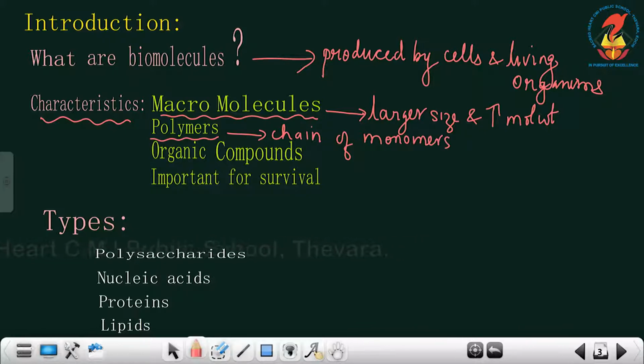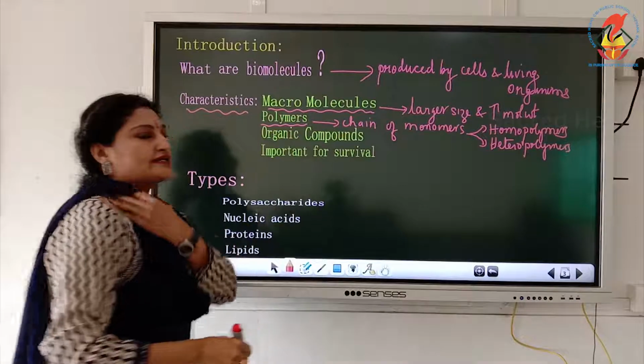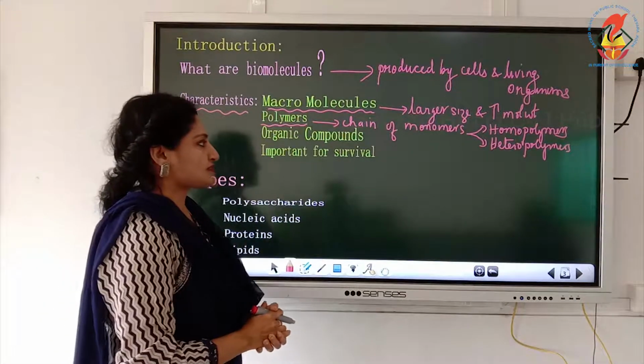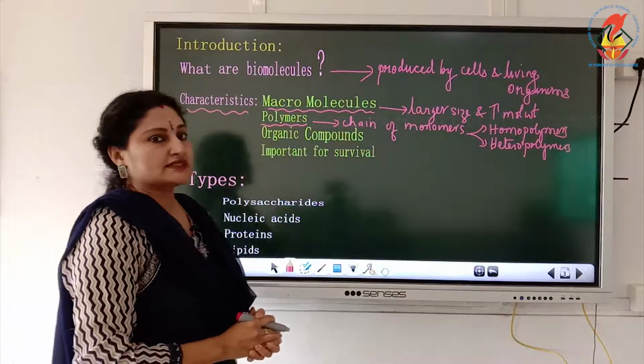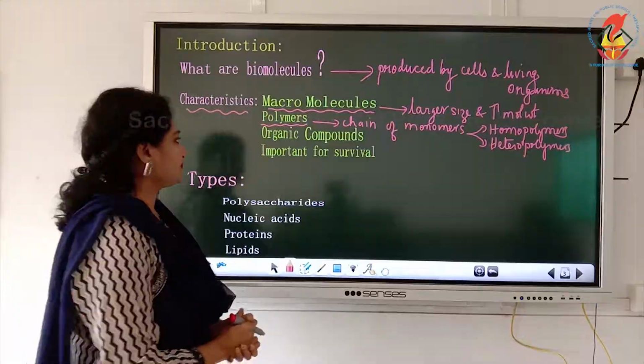And these polymers can be of two types. They can be homopolymers or heteropolymers. Homopolymers comprise similar repetitive units or similar monomeric units, whereas heteropolymers consist of a chain of different monomeric units.